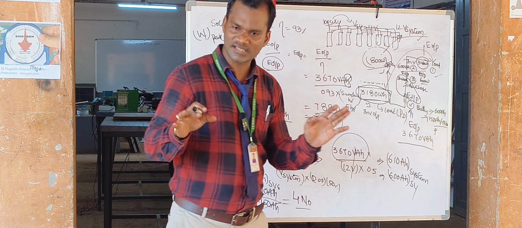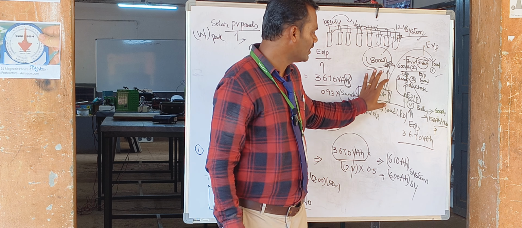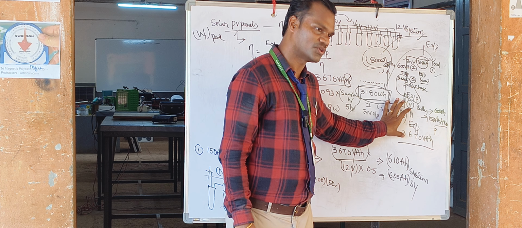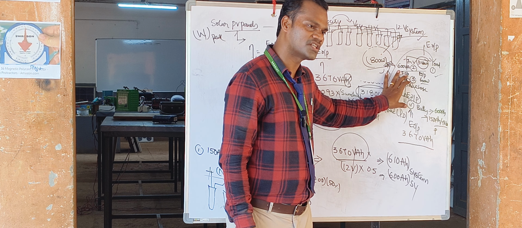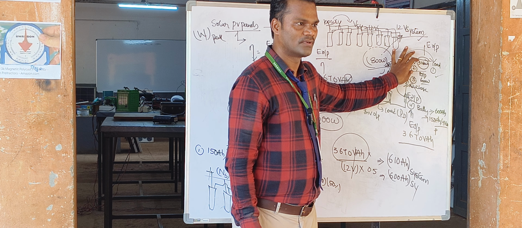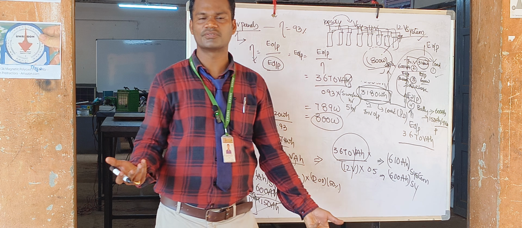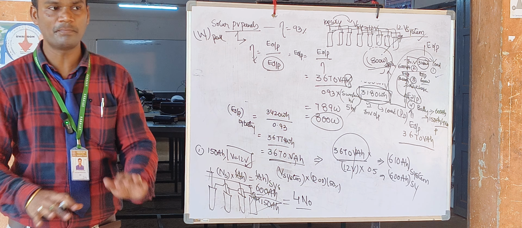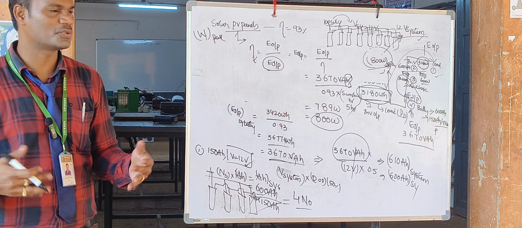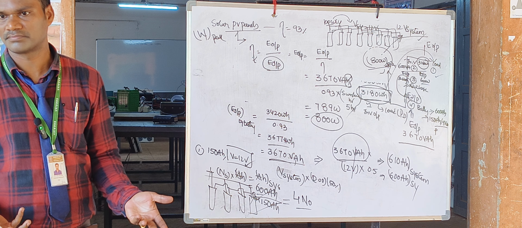The solar panel system voltage is 12 volts, battery system voltage also 12 volts, charge controller system voltage also 12 volts, inverter voltage also 12 volts, and the type of load you can connect is also a 12 volt load. Complete system is how much voltage? 12 volts. Each parameter should be 12. In such a way you have to design.